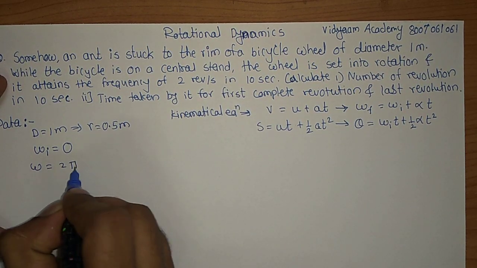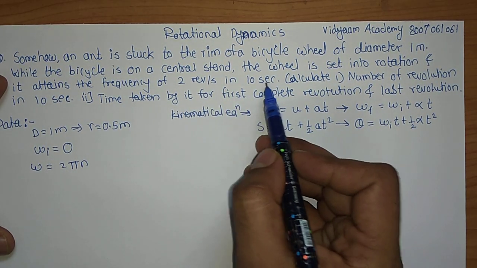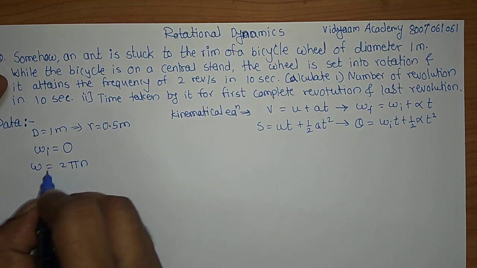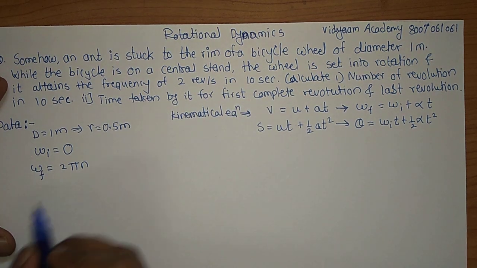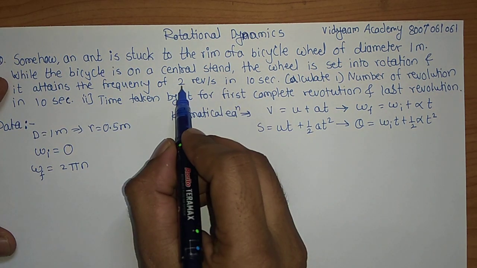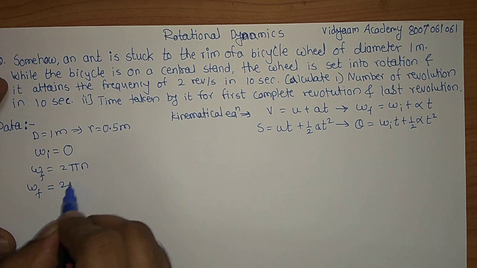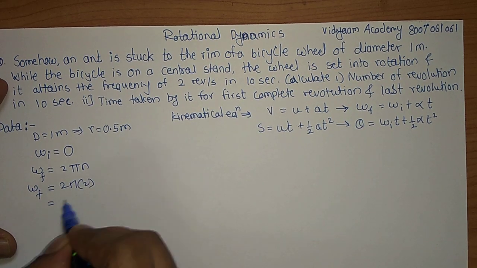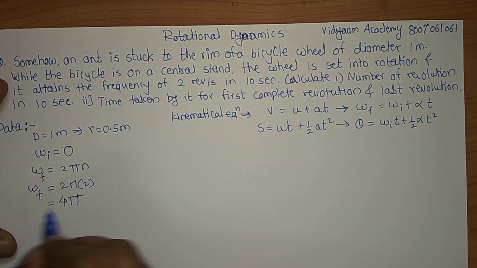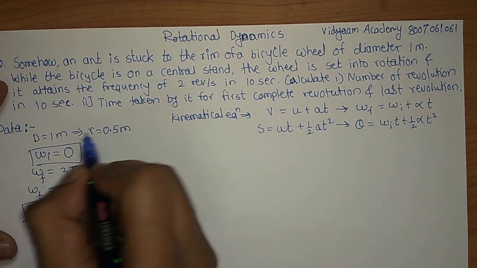Omega is nothing but 2 pi n, and this is the situation after 10 seconds. So I am trying to find the final angular velocity. Omega f equals 2 pi n, but n is equal to 2. So omega f equals 2 pi into 2, that gives me 4 pi. That is the value of omega f.